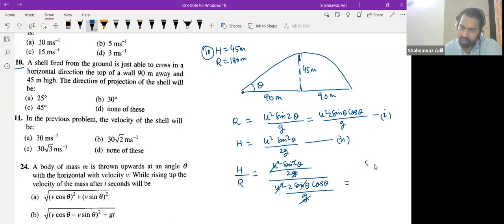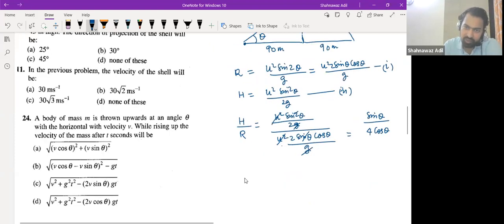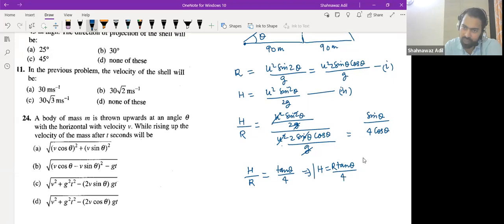So you have sine theta by 4 cos theta. Sine theta by cos theta is tan theta. So H by R is tan theta by 4. So we can write H equals R tan theta by 4. So this is the relation between the height and the range.